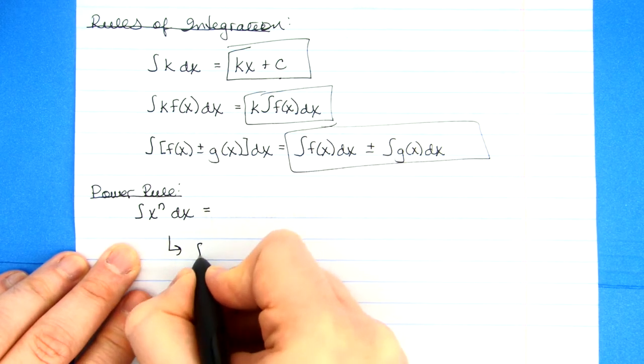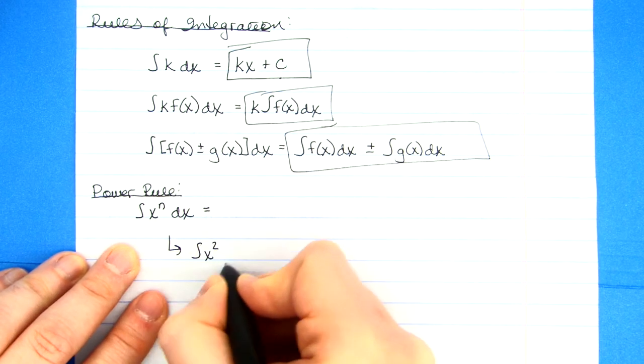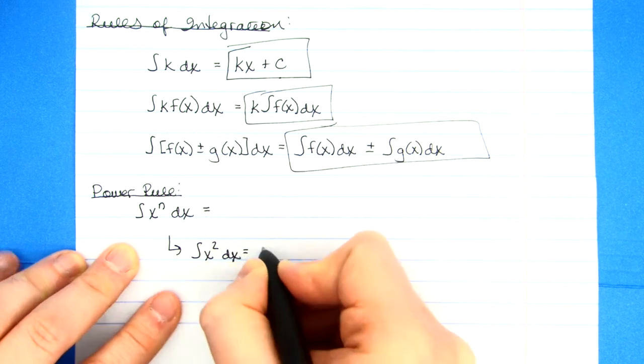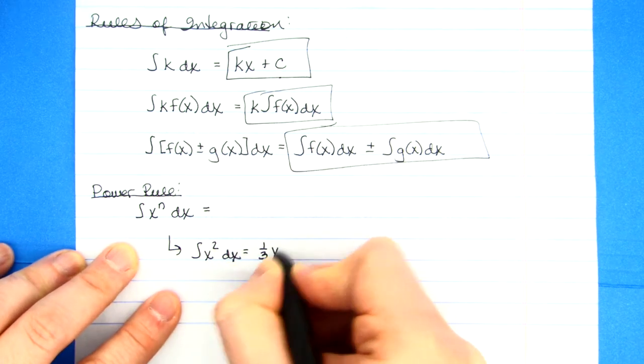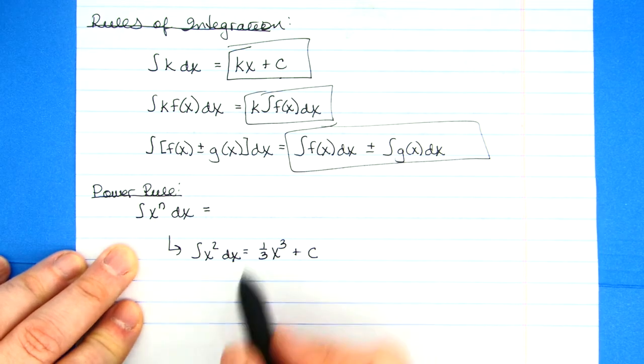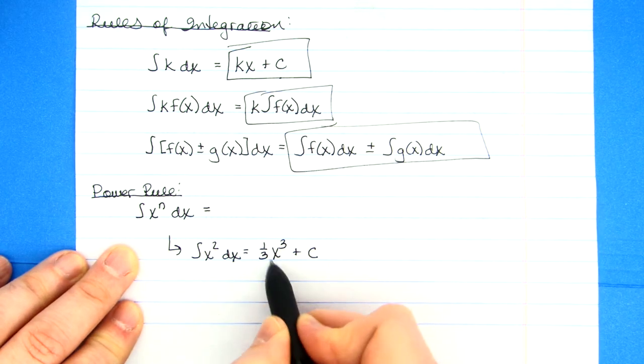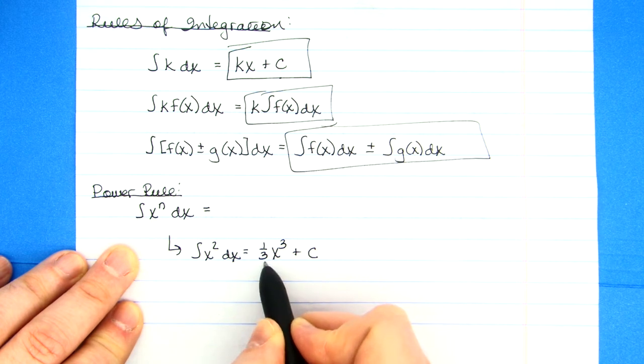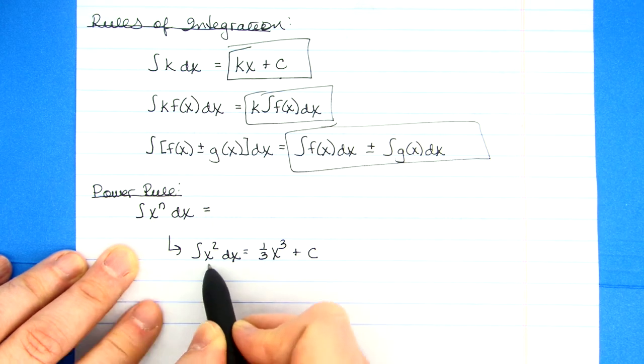We already did the integral of x squared dx, and we got 1/3 x cubed plus a constant. Why? Because if I do the derivative of x cubed, I get 3x squared. Multiply it by 1/3, you get x squared.